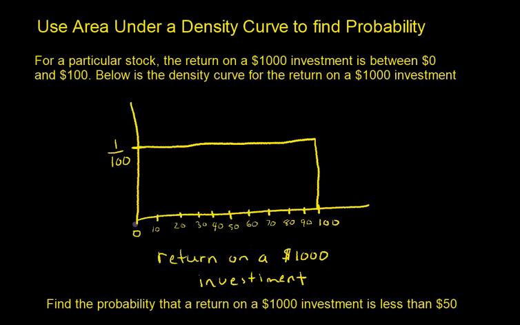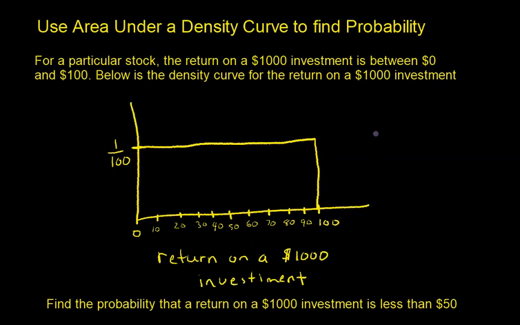Another thing you should check is that the height of the curve never goes below the x-axis, and in this case it doesn't. It never goes below this horizontal line. So this box, even though it looks different than a density curve you're used to seeing, is a valid density curve.